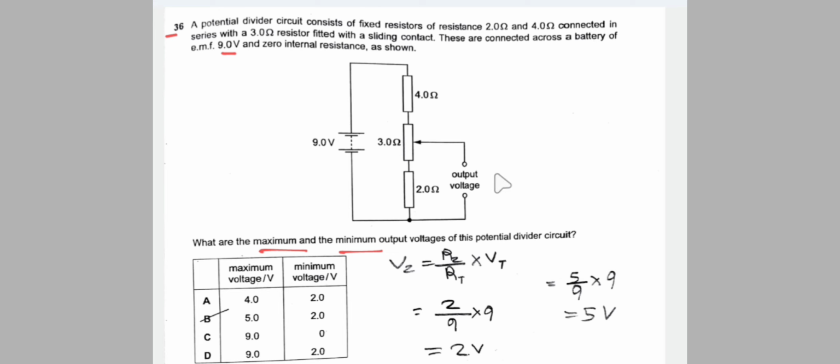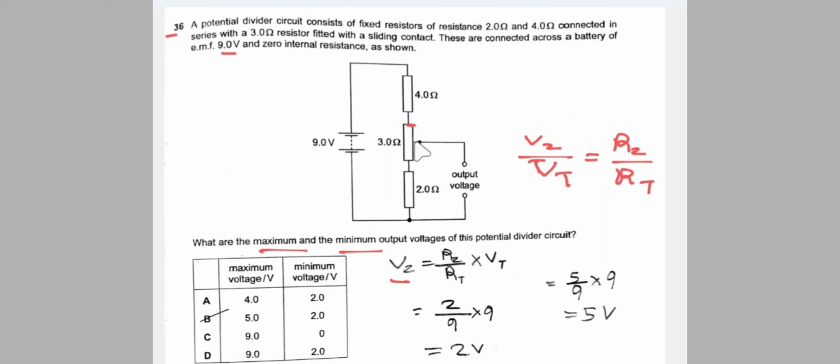So we know the equation V2 by V total is equal to R2 by R total. So V2, that is the voltage across this resistor, is equal to R2 by R total into V total. For the maximum voltage, the resistance has to be maximum.